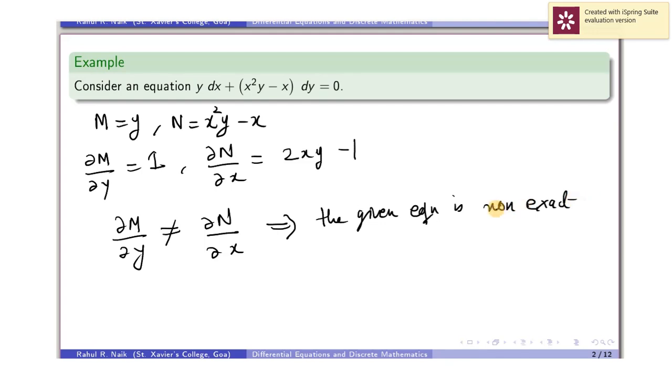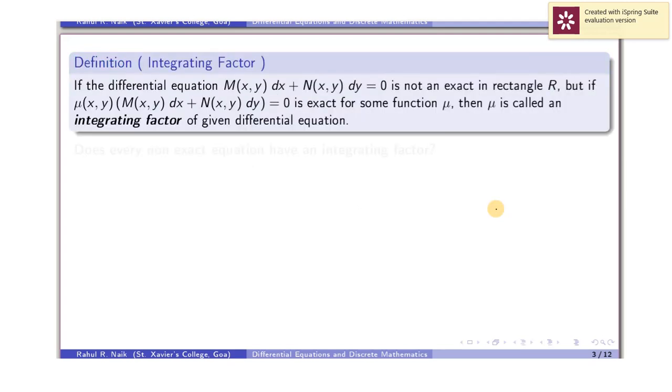So now the question is, can we convert any equation of the form M dx + N dy = 0 into an exact equation? To answer that question, we first define the term integrating factor. What is an integrating factor?